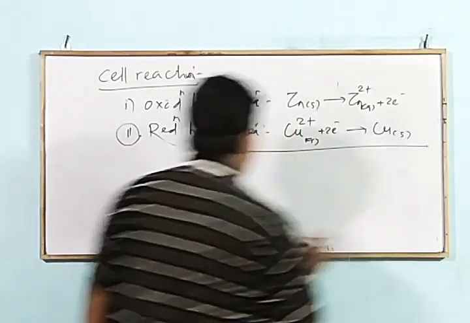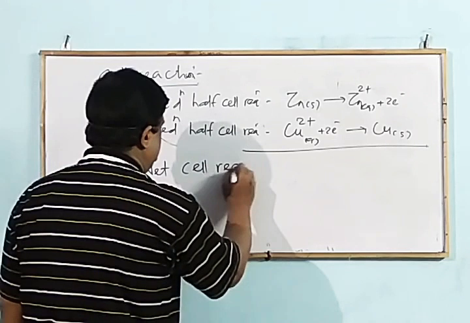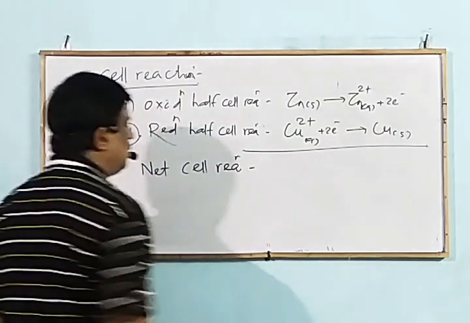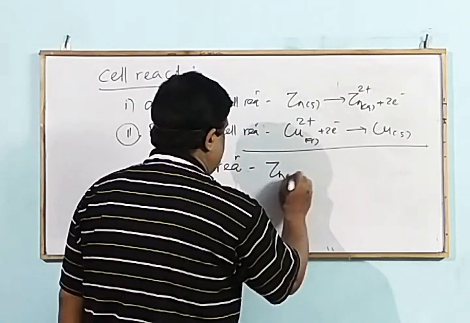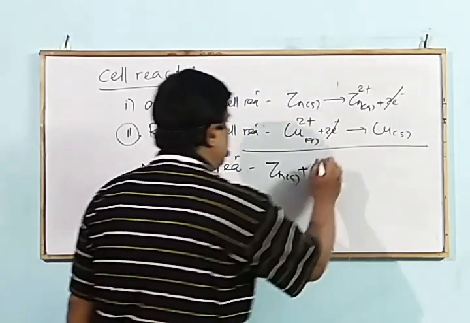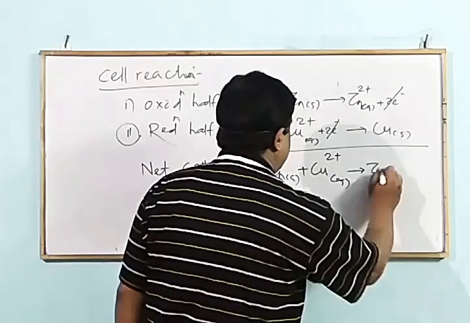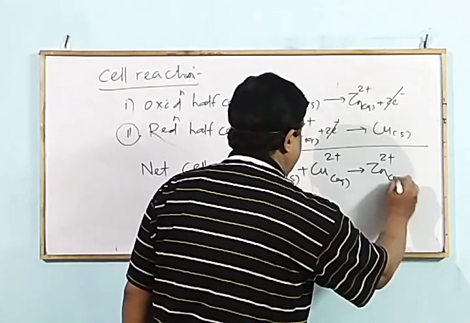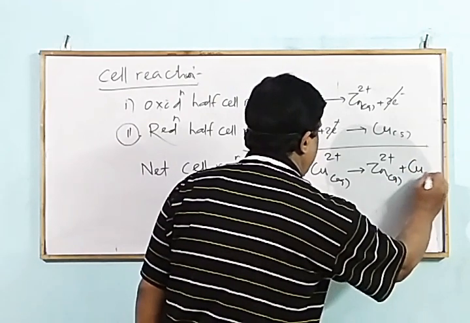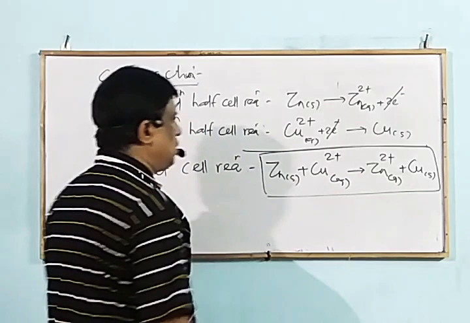So if we add, the net cell reaction is zinc solid plus copper ion, the electrons cancel, giving rise to zinc ion plus copper solid. This is known as the cell reaction.